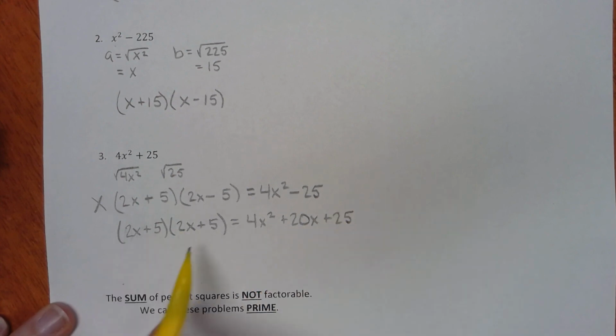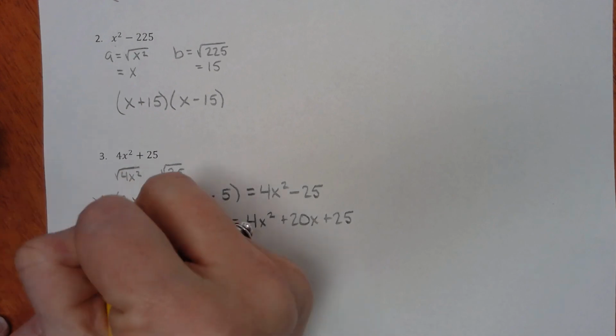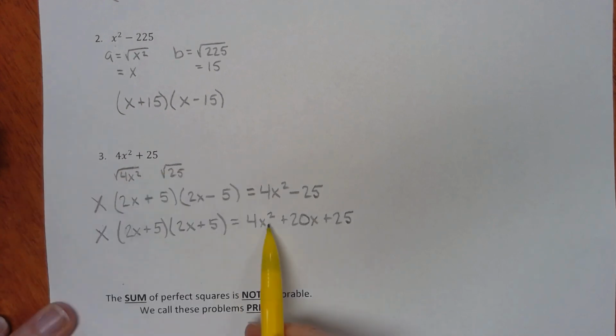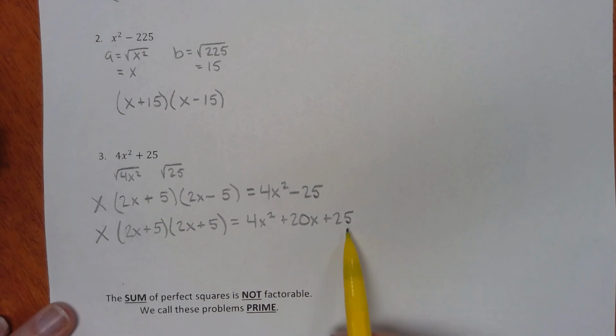You'll get the 4 terms by distributing, and when you combine those like terms in the center, it equals this trinomial. So again, we notice it does not equal the same. We have the first term 4x squared and the last term 25, but it's that middle term that we needed to cancel that it did not happen.